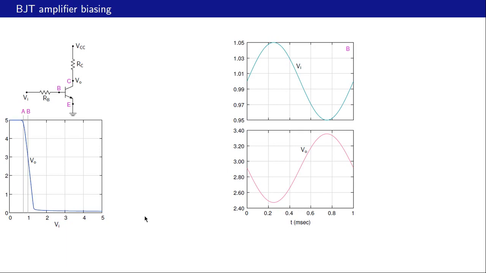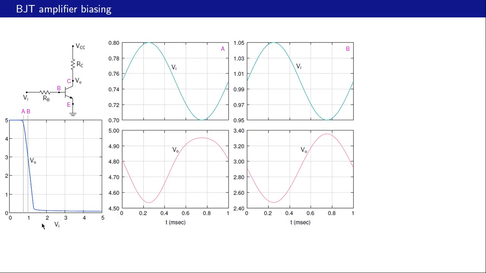Let us now consider another DC or bias value for the input voltage, and that is given by this line A here. And what we are going to do is apply an input voltage which varies about this point, and then see what the output voltage looks like. So that is the input voltage now.